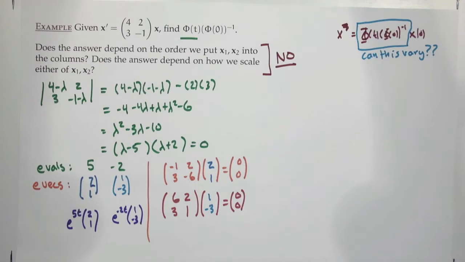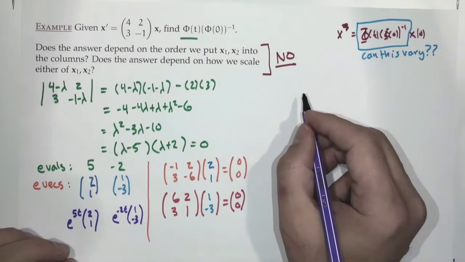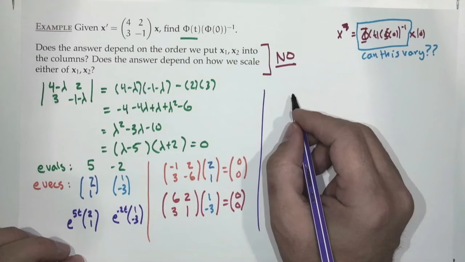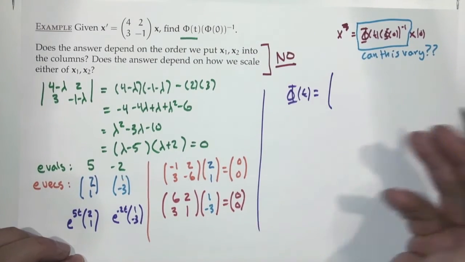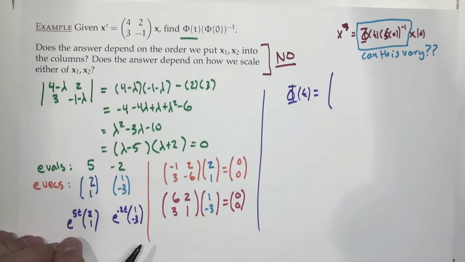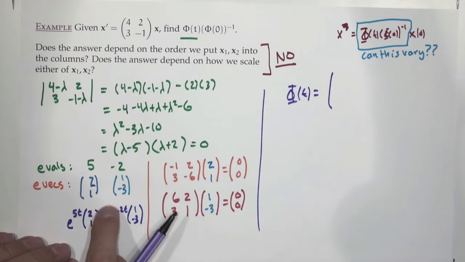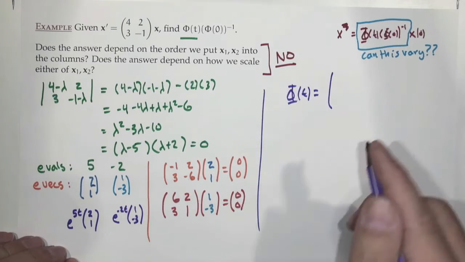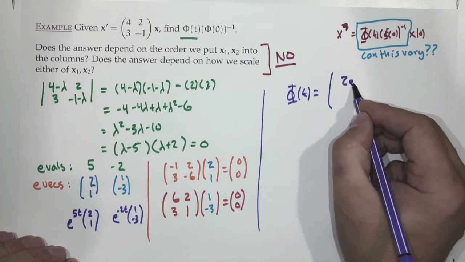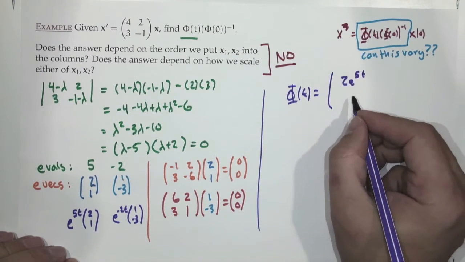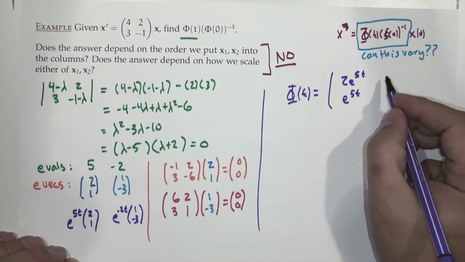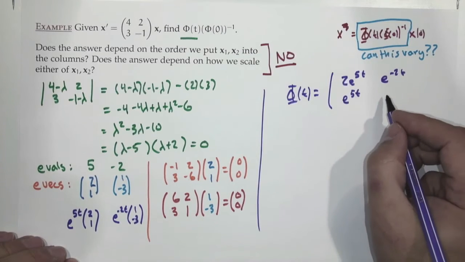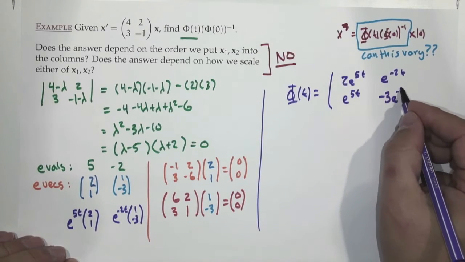Now, we're ready to write down what is phi of t. Doesn't matter which order we put it in, so we'll just start here. The first column will be our solution with eigenvalue 5. So that's 2e to the 5t, e to the 5t. Our second, e to the minus 2t, minus 3e to the minus 2t.